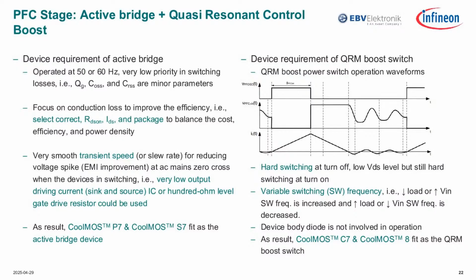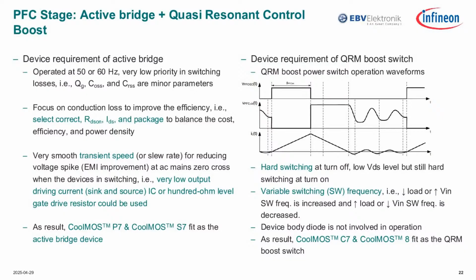Also, one important thing is that the bridge is in front of the EMI filter, so it affects the EMI. So transient speed makes a little bit of difference compared to normal switches.